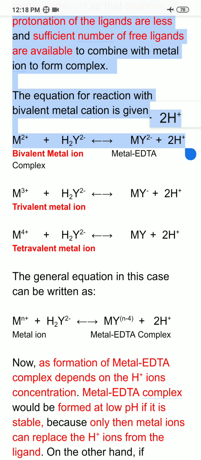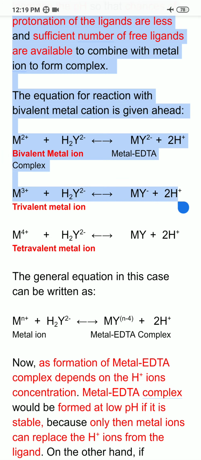equations. For example, if we have a bivalent metal ion M2+ which is combining with disodium salt of EDTA, represented by H2Y2-, then we will get the metal EDTA complex MY2-. And if we have a trivalent metal ion M3+ combining with disodium salt of EDTA, then we will get the MY- metal EDTA complex.